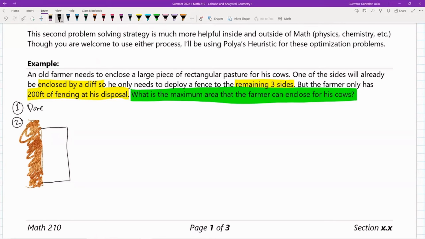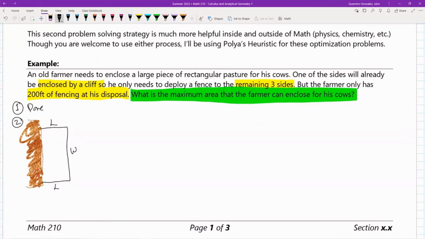Since this is rectangular, I'm going to have a length here, and I'm going to have a width here. I don't know what those things are, right? Okay, but we have a couple things, right? And that means that this is a length as well, right?